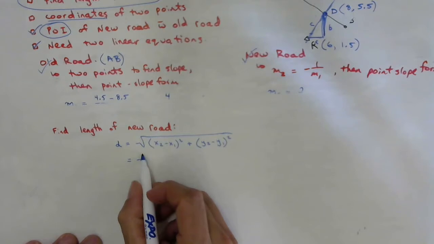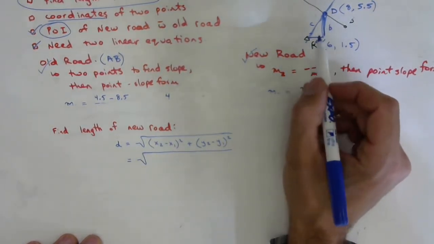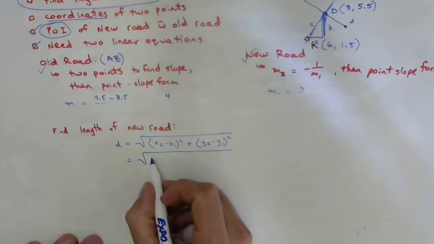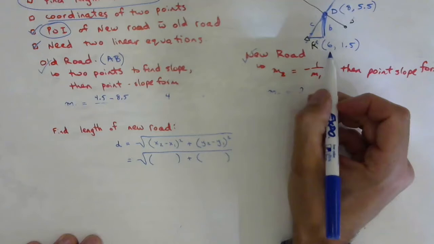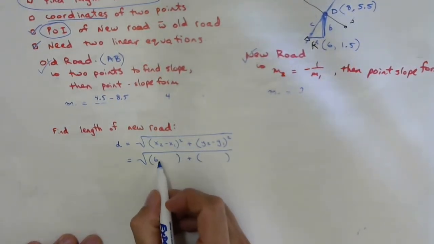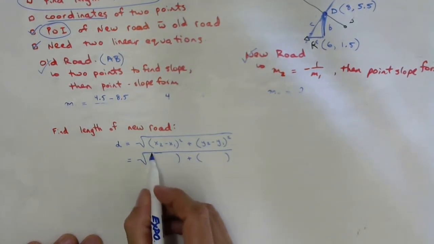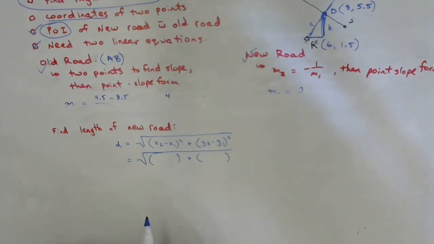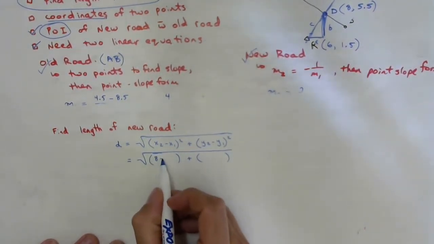Plug in what I know. Doesn't matter which point I call point 1 or point 2. But I'll do R to D. So I've got 6. Actually, that's silly because that'll give me 2 negative numbers. Not that it matters because when you square a negative number, it's always going to be positive. But I'll do 8 minus 6.